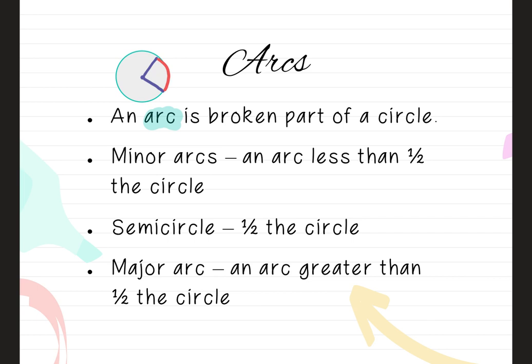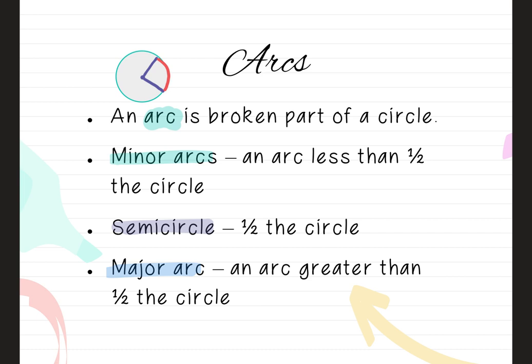But there are three different types of arcs. A minor arc is one that is less than half the circle, less than 180 degrees. Correct. So like acute? No, minor, because acute would be less than 90. The semicircle is exactly half the circle, so 180 degrees. And the major arc is bigger than half the circle, so it's bigger than 180.